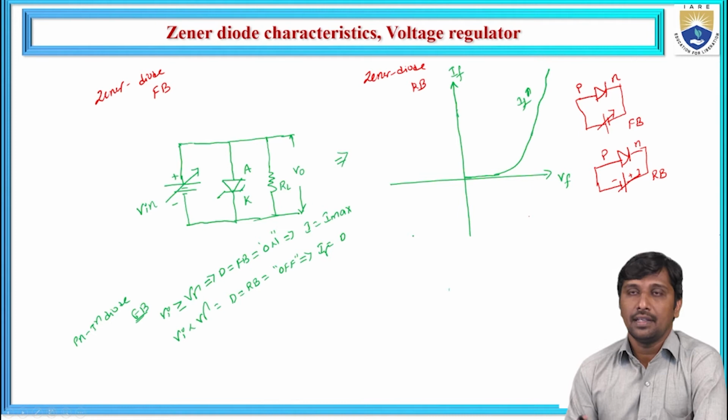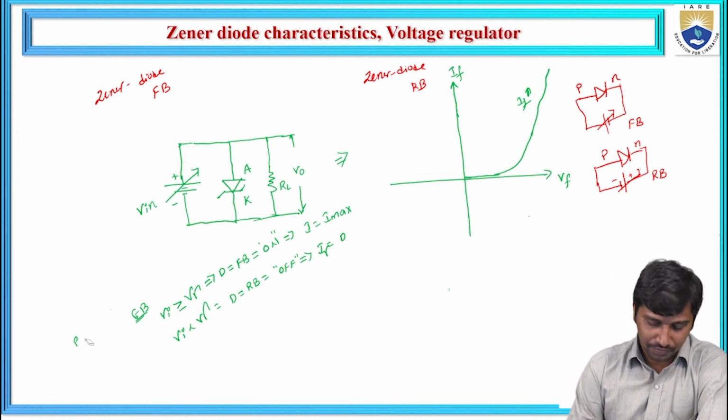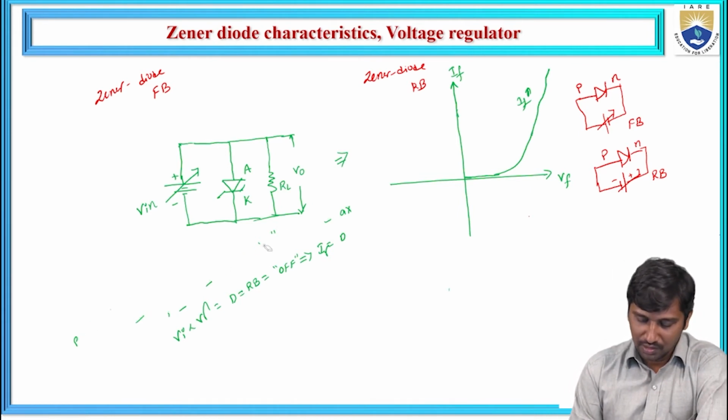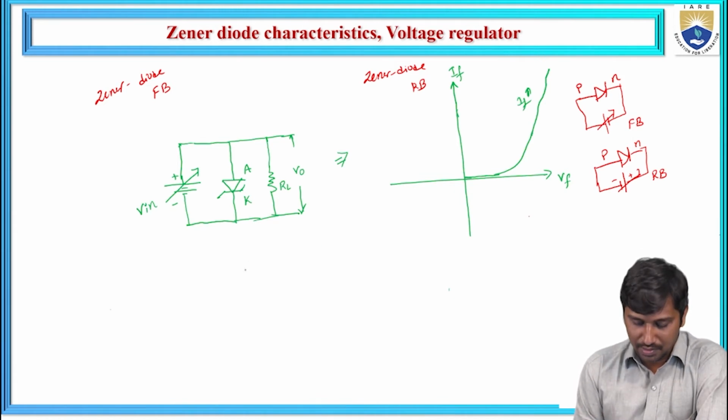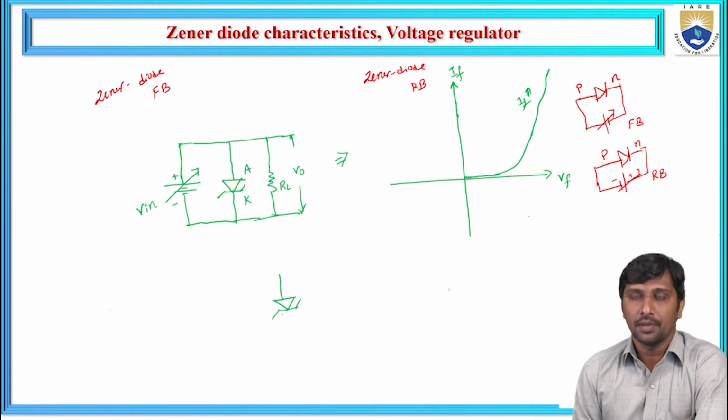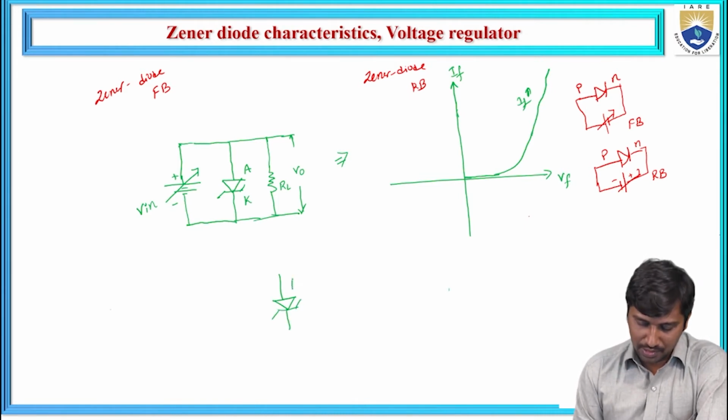And similarly, when the Zener diode is connected under the reverse bias, let us consider this is the Zener diode, and we know that this is the anode and the cathode.